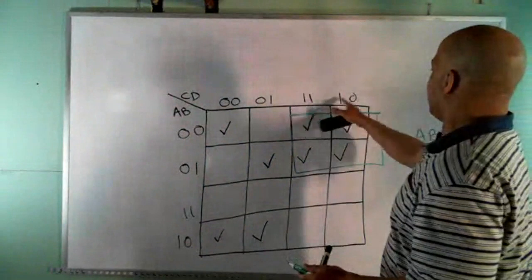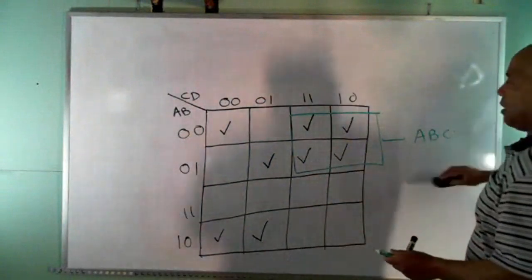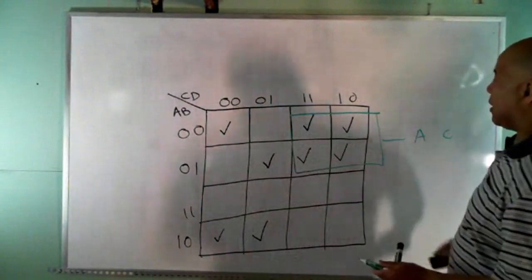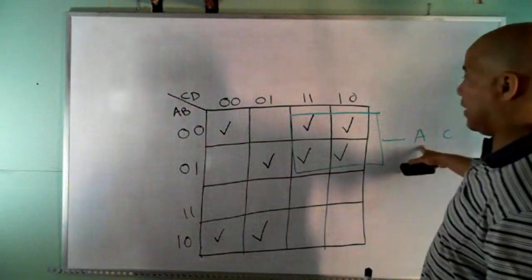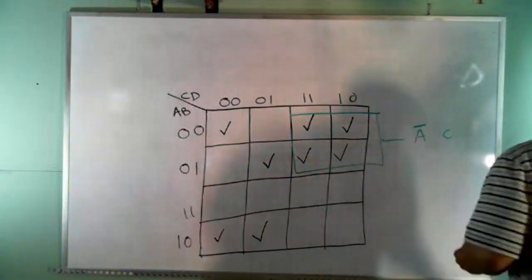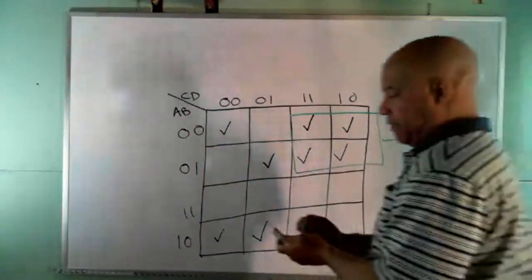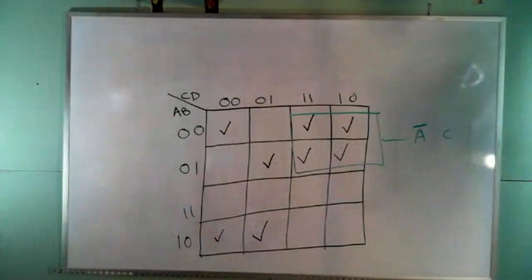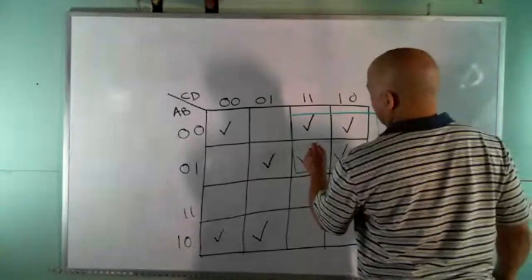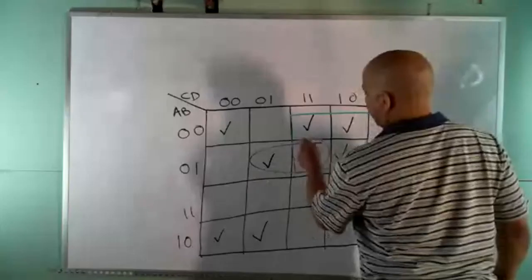Looks like I'm gonna lose D. And when I move up and down, I'm gonna lose B. C is a 1, and A is a 0, so I gotta put a bar on it. And then what else do I have? You have upper left to upper right, just a 2 pair that crosses over. Sure. All right, so we can do that.